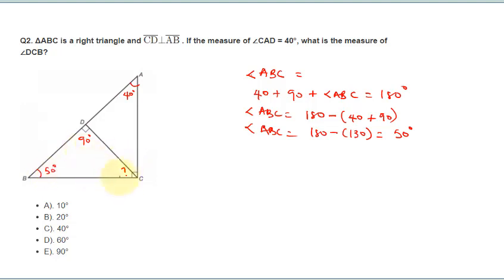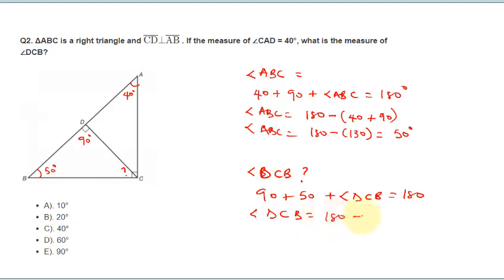Now, having gotten angle ABC to be 50 degree, we can now find angle DCB. So from here 90 plus 50 plus angle DCB will still give us 180. So angle DCB, collecting like terms, 180 subtract 90 plus 50.